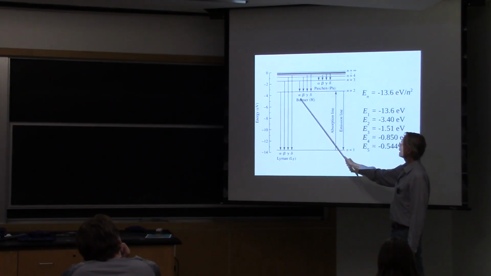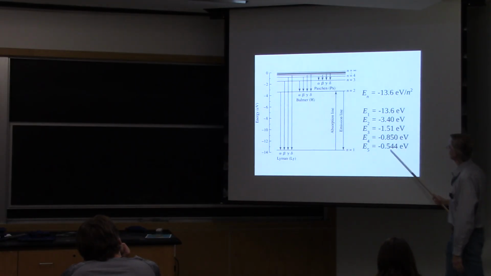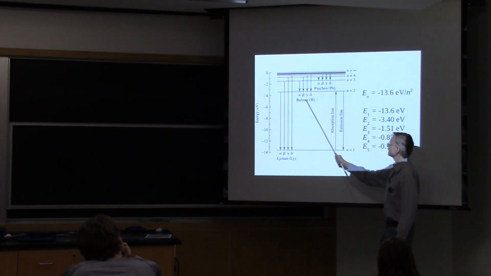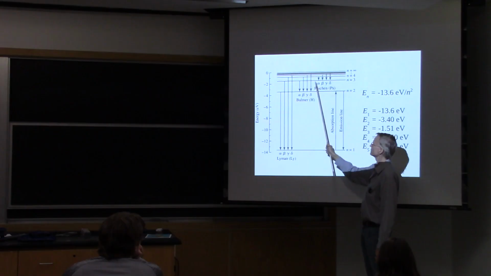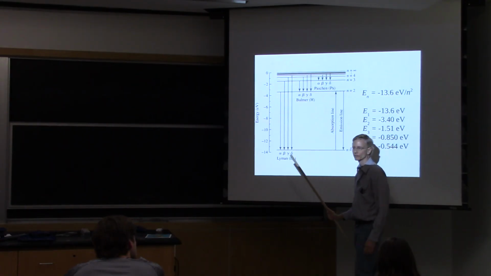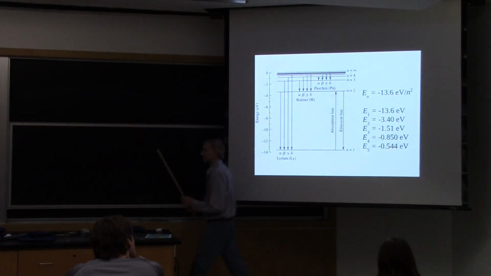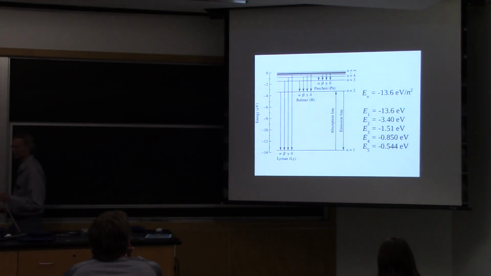So Balmer alpha is the 3 to 2 transition, so it would be 3.40 minus 1.51 electron volts. Balmer beta is 4 to 2, Balmer gamma is 5 to 2, Balmer delta is 6 to 2, and so forth. Epsilon would be 7 to 2, and so on and so forth.